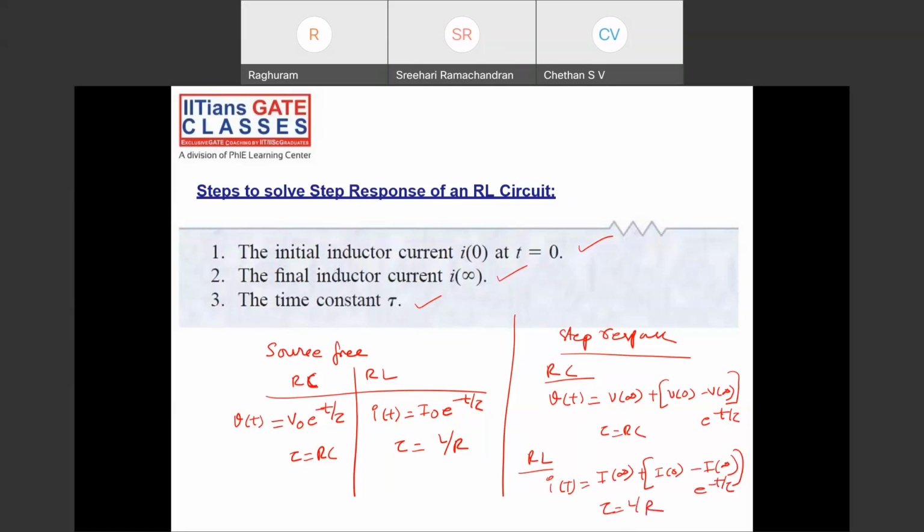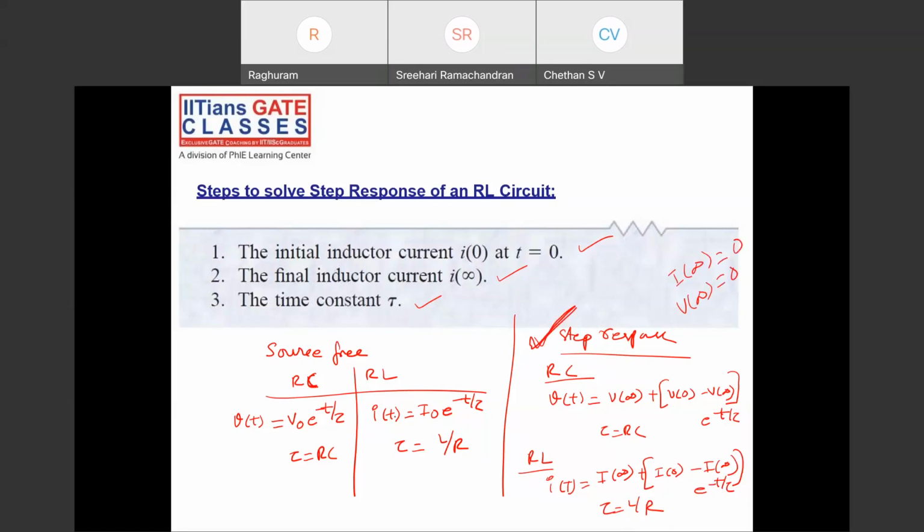Only 4 formulas for the entire transients, nothing else. Just remember these 4 formulas. Even if you remember these 2, they are enough. Put V of infinity as 0 or I of infinity as 0, so the forced response is 0.